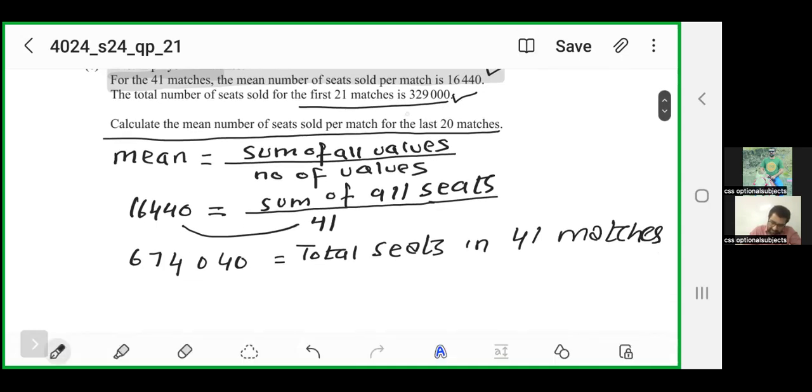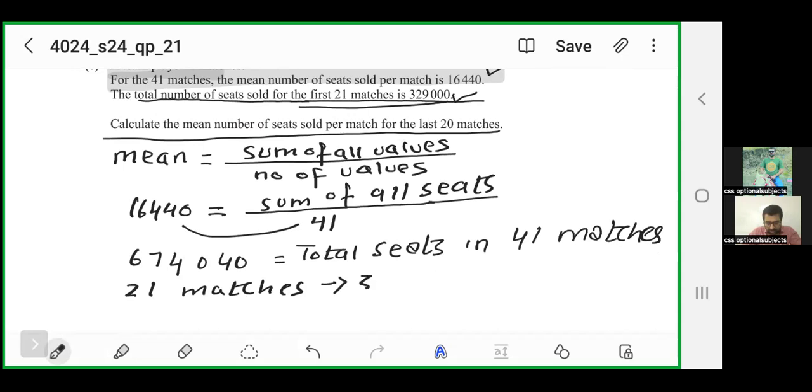Now, if you see the second part of the question, the total number of seats sold for 21 matches is given: 329,000 seats sold in 21 matches.